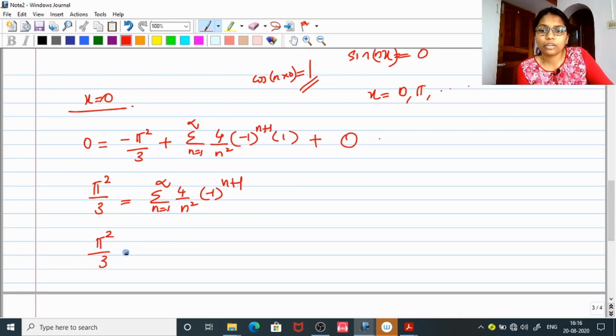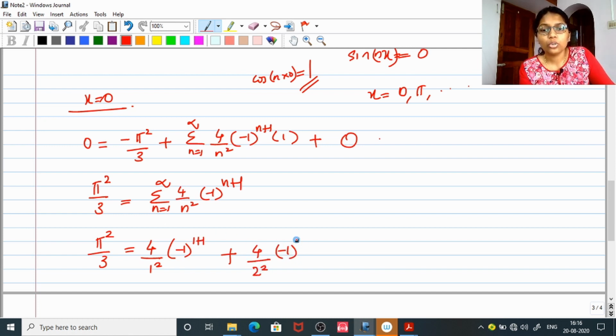Pi square by 3 equal to, when n is given different values starting from 1, let us give different values for n. So it is 4 by 1 square minus 1 raised to 1 plus 1. Next term, n is given 2. So it is 4 by 2 square minus 1 raised to 2 plus 1. Next, 4 by 3 square minus 1 raised to 3 plus 1, etc.